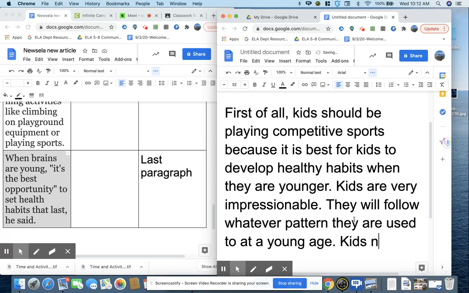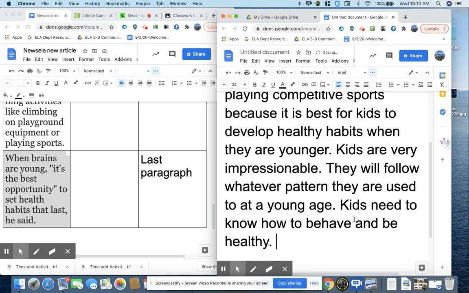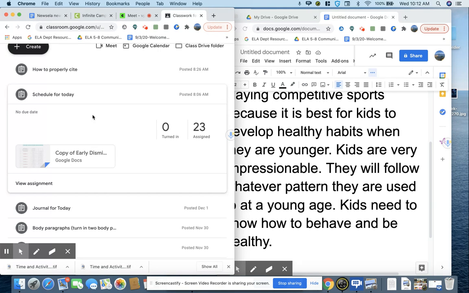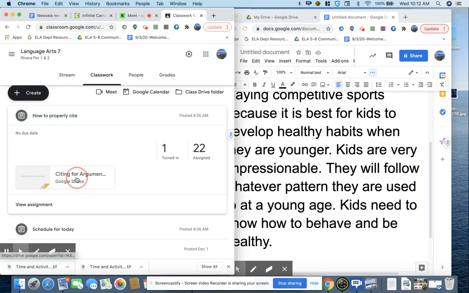Kids need to know how to behave and be healthy. So this is me starting off: I have my ideas, this is my reason, and this is me talking about it, the details. Now I have to put in a quote. How do I do that? I use the guide. Let's go back to the guide to make sure we do it right.